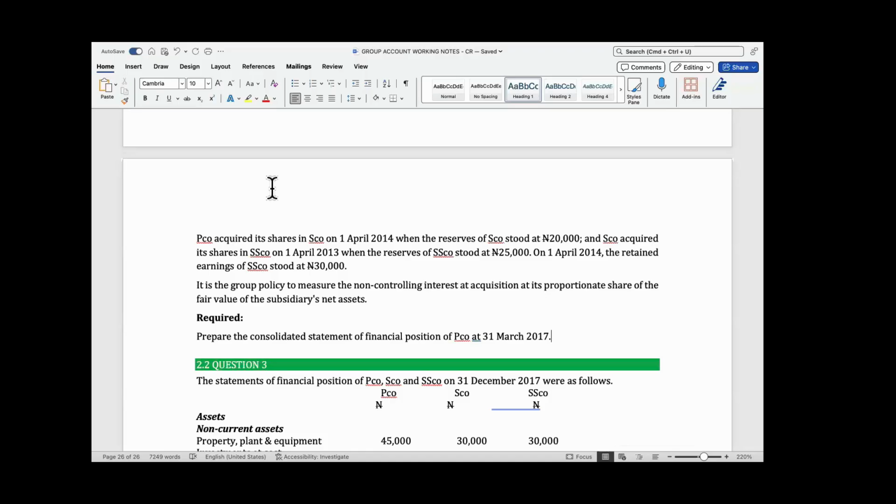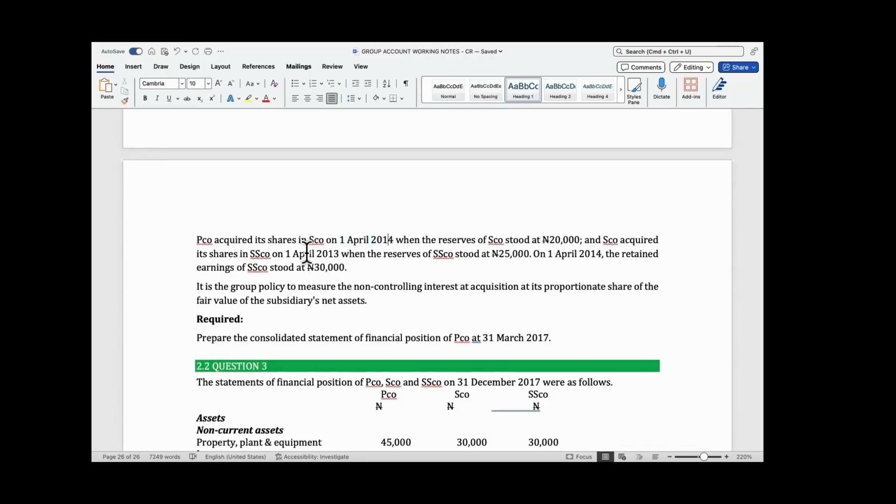That's perfectly correct. That's the difference. So since we just bought ESCO in 2014, but ESCO has acquired its holding in SSCO since 2013, what will now be the impact of that in our workings here?